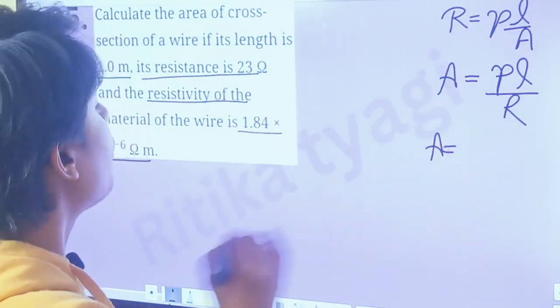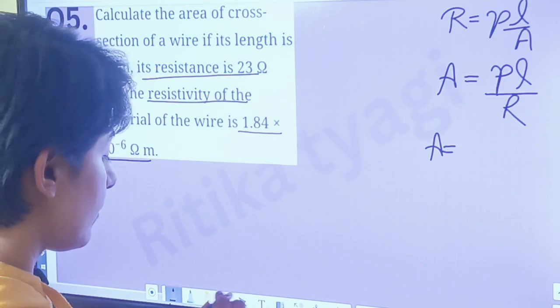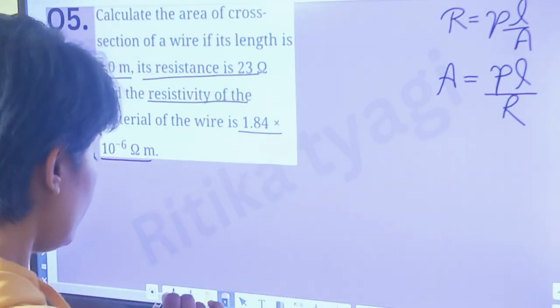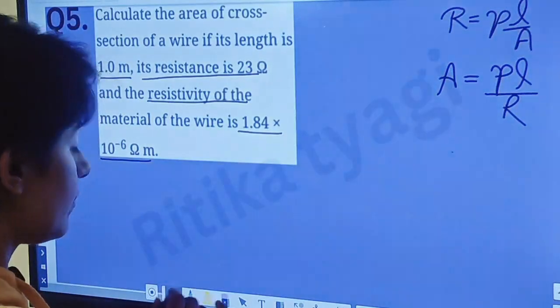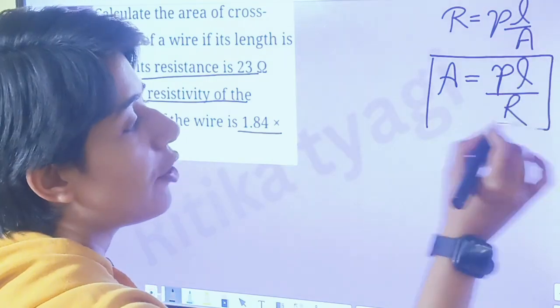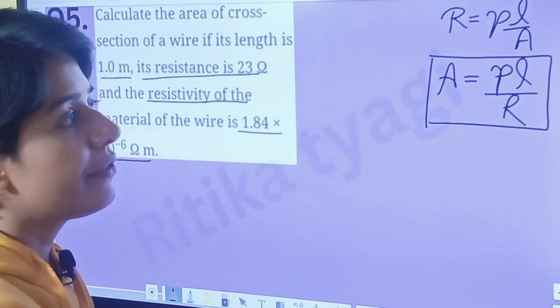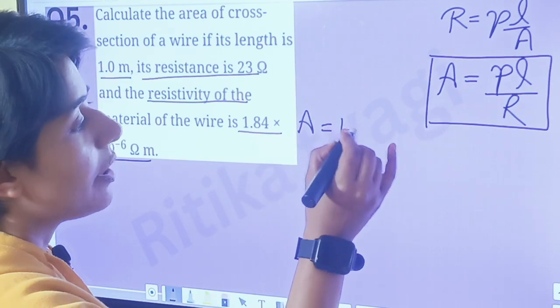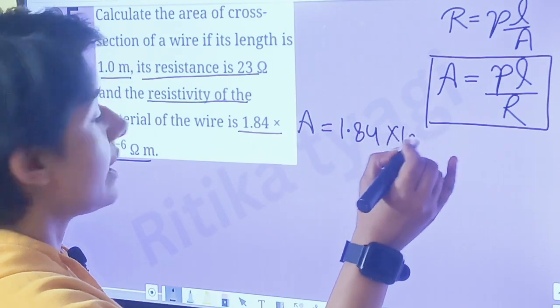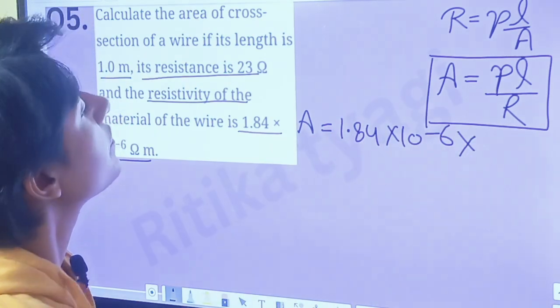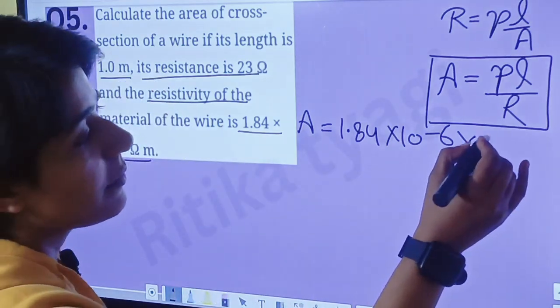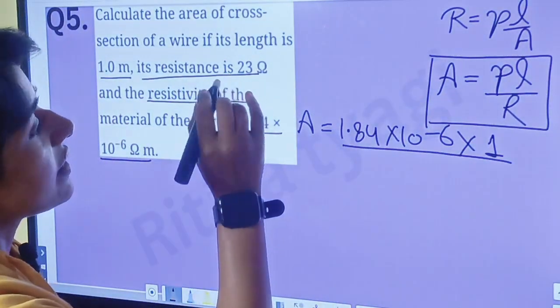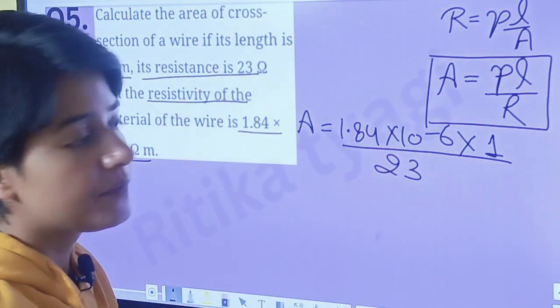Putting the value for rho, then it is the formula for finding the value of A. Now putting the value for rho, 1.84 multiplying 10 to the power negative 6, length is 1 meter, resistance is 23.